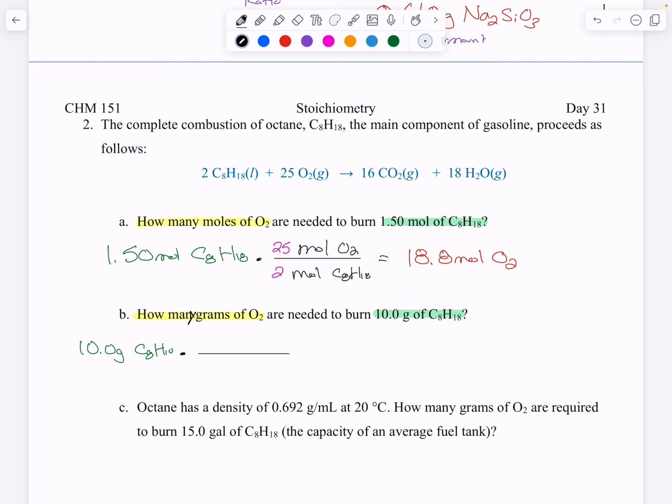Well, what has to go on the bottom? It has to be grams of C8H18. On top, 1 mole. Right, this is our molar mass. And carbon's 12.01 times 8 plus 1.01 times 18. I get 114.26.